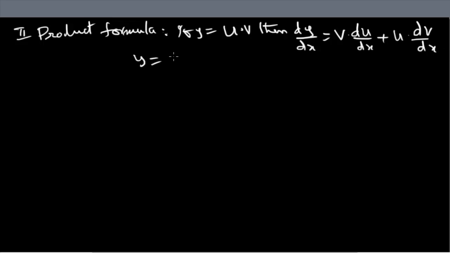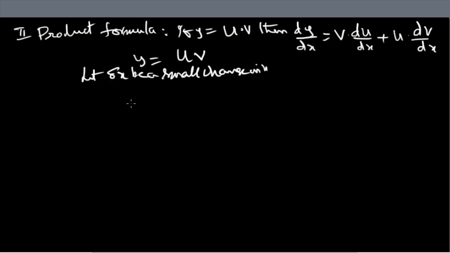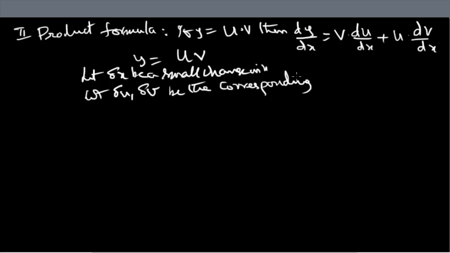So y is equal to u into v, let delta x be a small change in x. Let delta u, delta v, if there is a change in x, because u and v are functions of x, there will be change in u, there will be change in v. Let delta u, delta v be the corresponding changes in u and v.